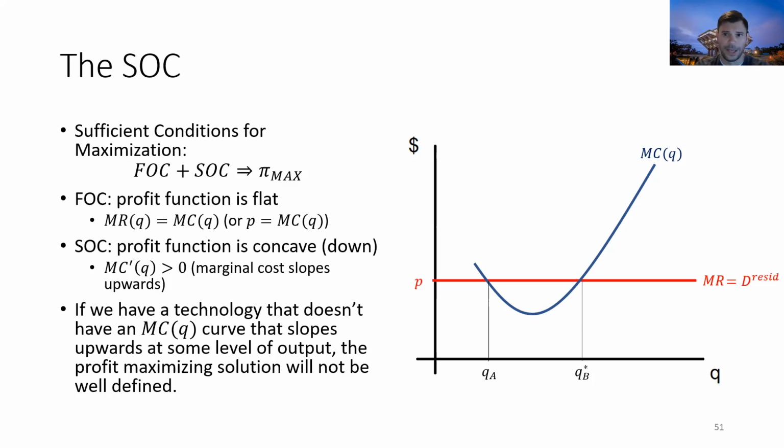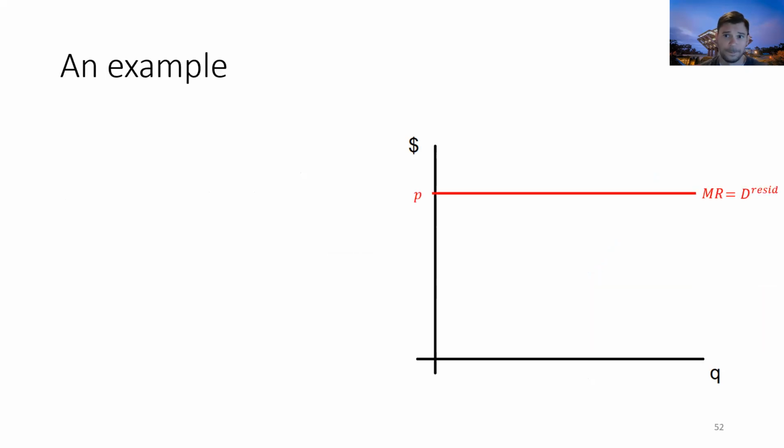Okay, so let's go ahead and take a look at an example where we get a weird, I'm going to call this a degenerate solution. This is a type of technology that we're not going to be able to use to analyze profit maximization. Let's go ahead and consider the case of a firm with a flat marginal cost curve.